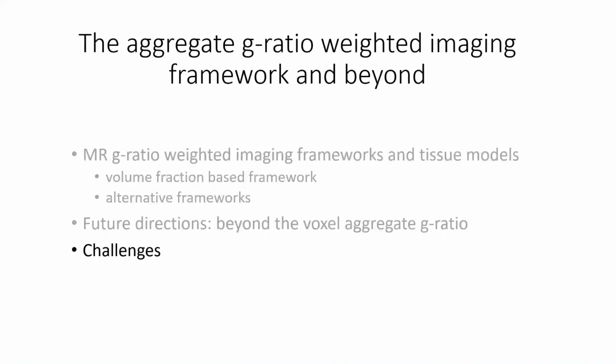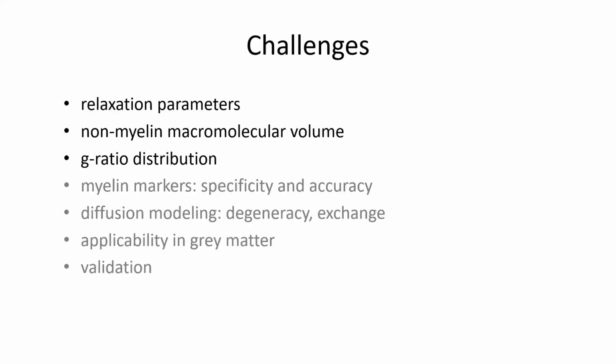So now I'll summarize the challenges that we've seen. We need to take into account relaxation in order to estimate volume fractions for the G-ratio framework. We also need to take into account, in diffusion modeling, the non-myelin diffusion invisible macromolecular volume.